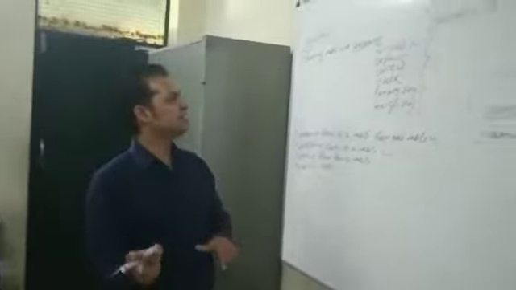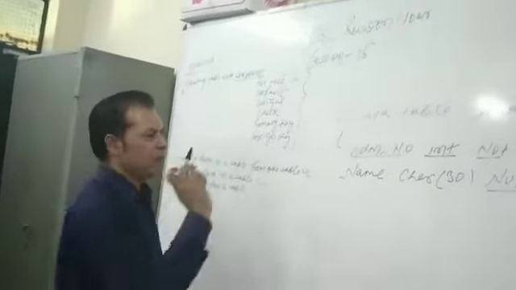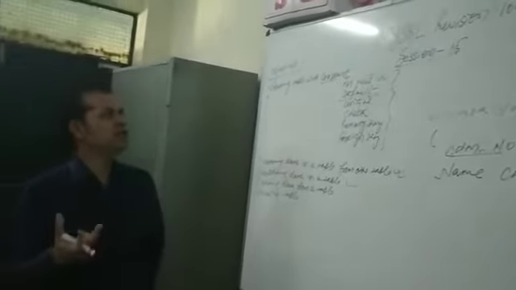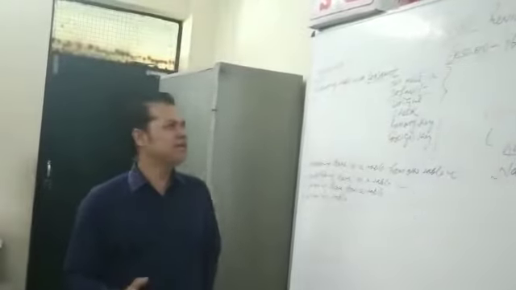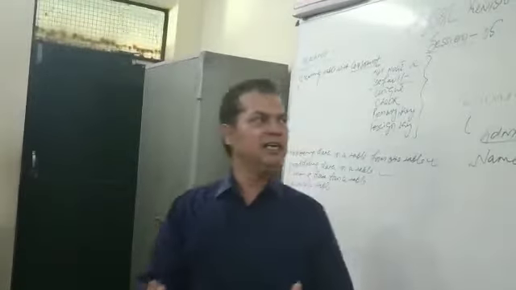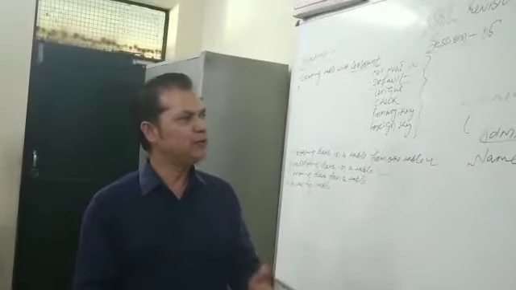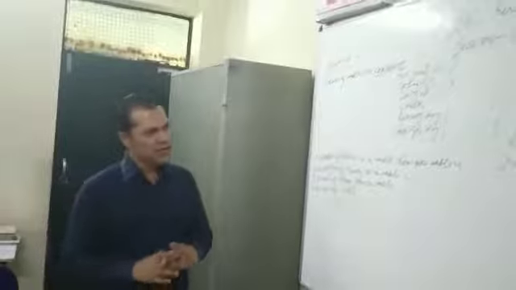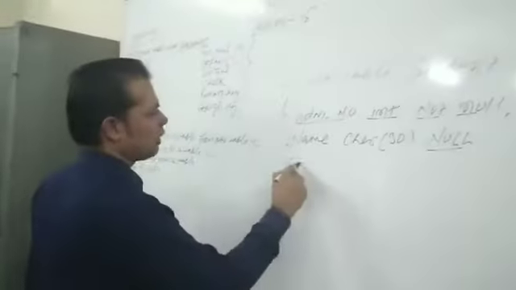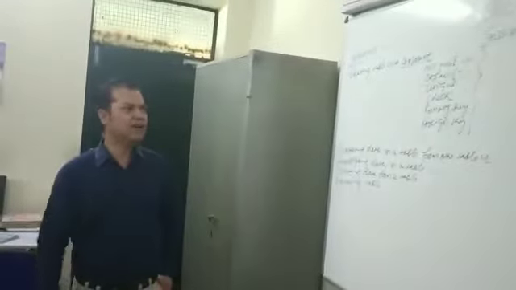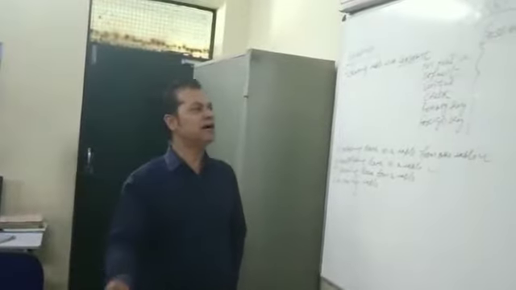Now come to the next constraint, the default constraint. To create a default constraint, first we have to understand the meaning of the default constraint. A default constraint is a kind of constraint which automatically enters a default value in the field where the default constraint has been applied. For example, in the marks column of the table student, I want the default marks to be 0. It means if I have not entered any marks, then automatically the marks would be 0.